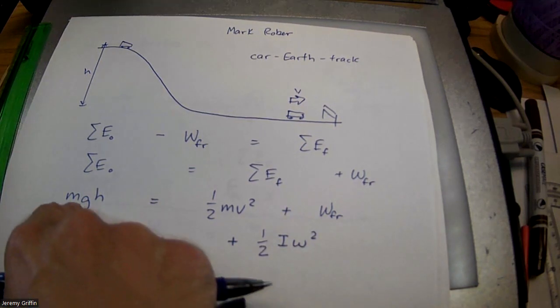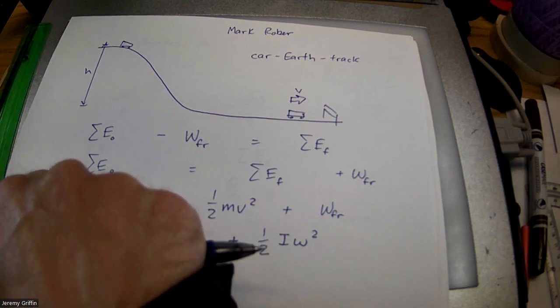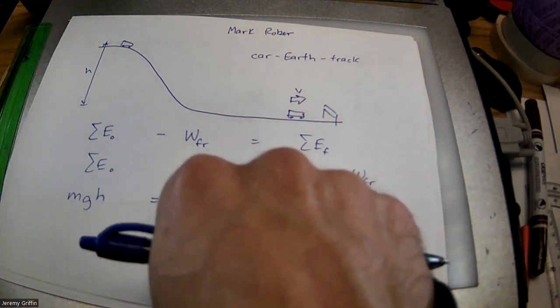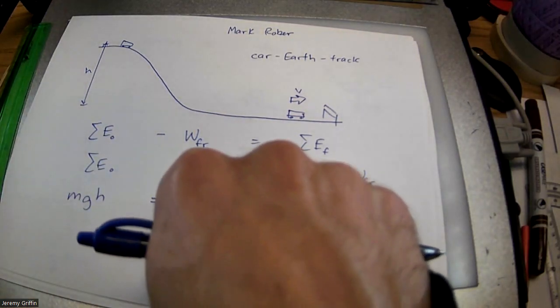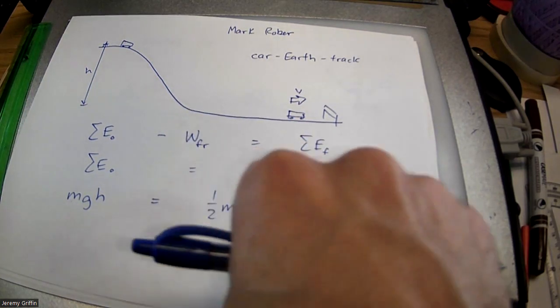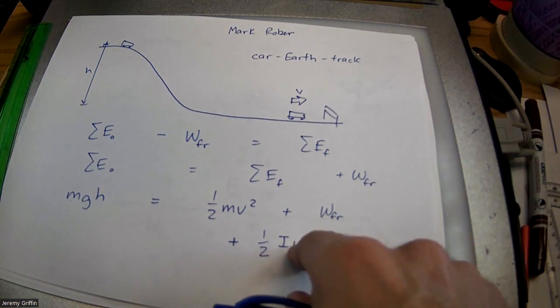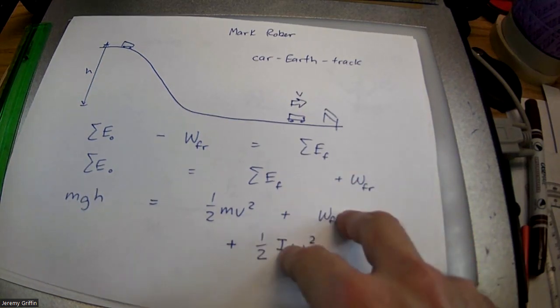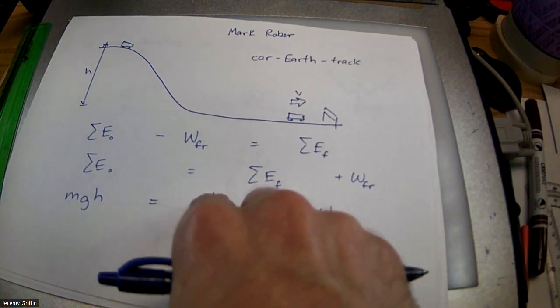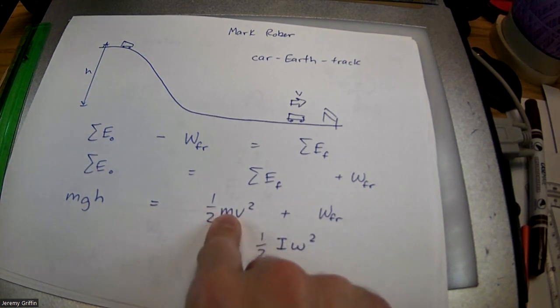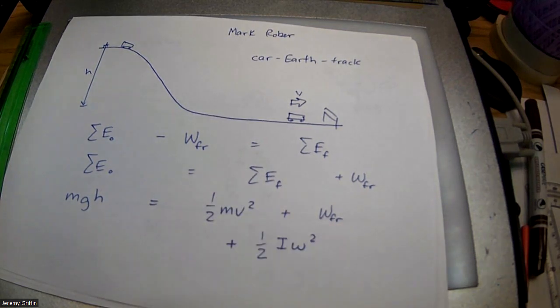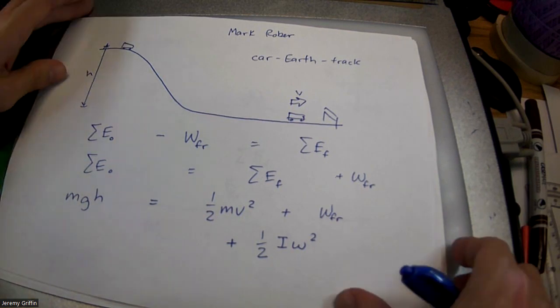So if you had, say, 100 joules, let's say 50 went here, 30 went here, and 20 went here, something like that. If you can reduce these 2 terms, then more energy is going to be routed into the linear kinetic energy, and those cars win the races. The cars that ride on 3 wheels always win these races.